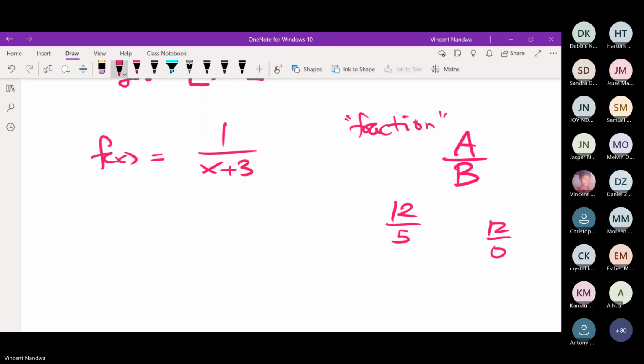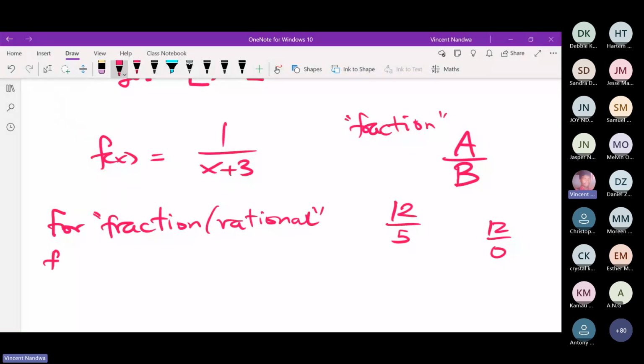No. So the condition is that for fractional or say rational functions, the denominator must always be non-zero. That's what you test for.